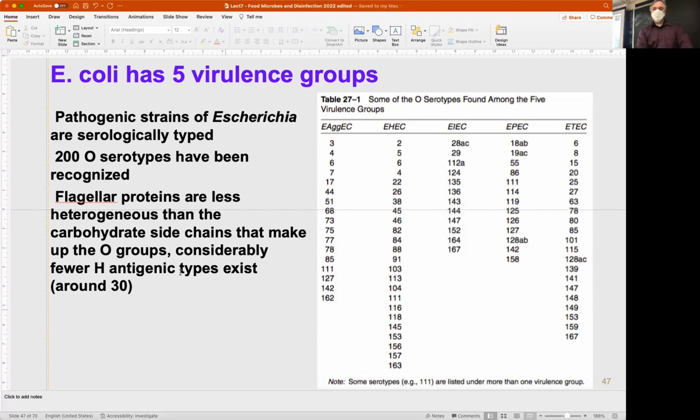And there's this thing called EHEC, enterohemorrhagic Escherichia coli. There is a long list of them. This long list of serotypes, referred to as the O serotype, is in 5 virulence groups. So they have different ways of being virulent, and the EHEC 157 is in this one particular group. Let me just show the next slide.